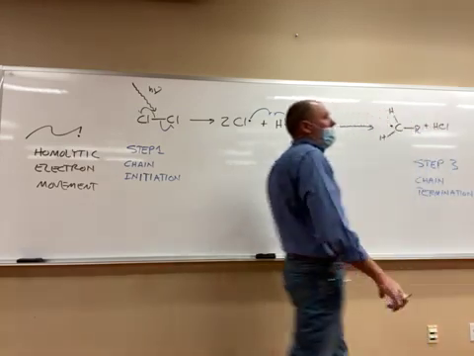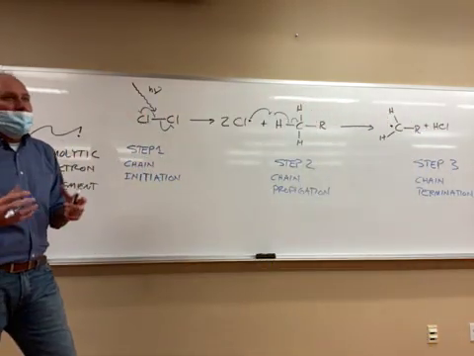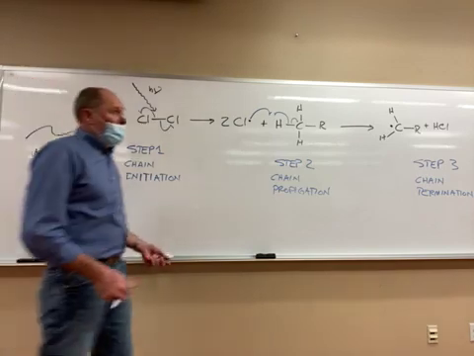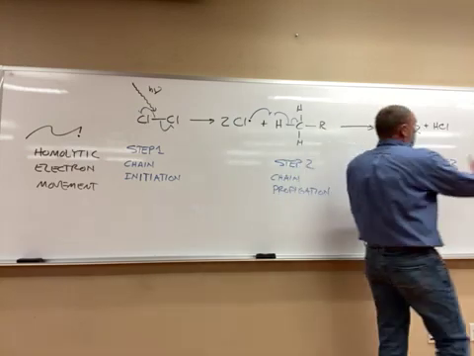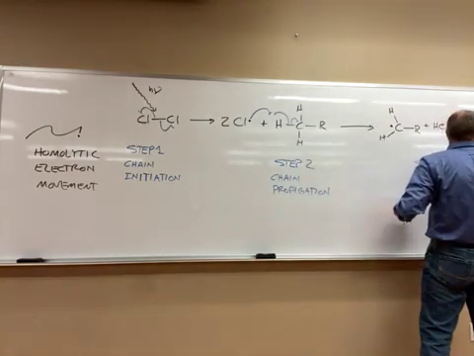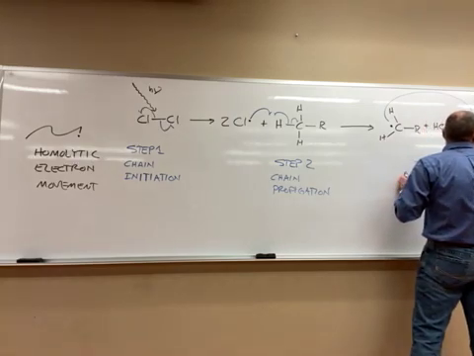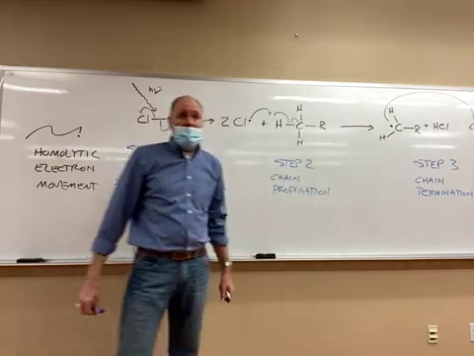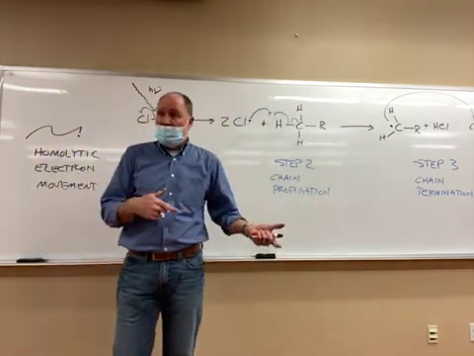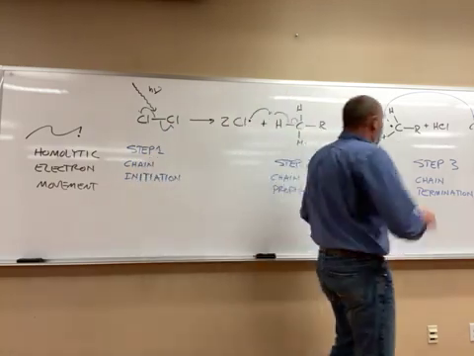Chain termination happens when the free radical finds another free radical. Notice if this free radical found a chlorine, what type of step would that be? Would that be termination, or would that be propagation? That would be propagation, because it generates another chlorine radical.